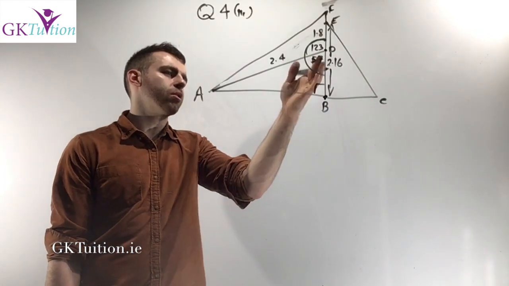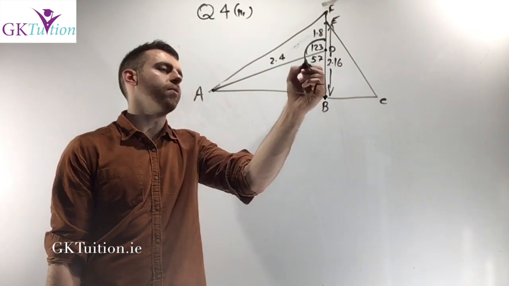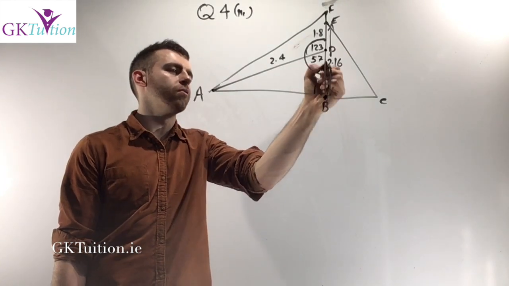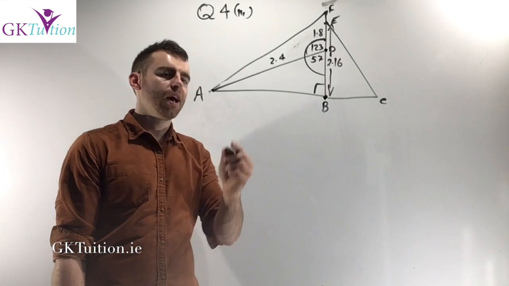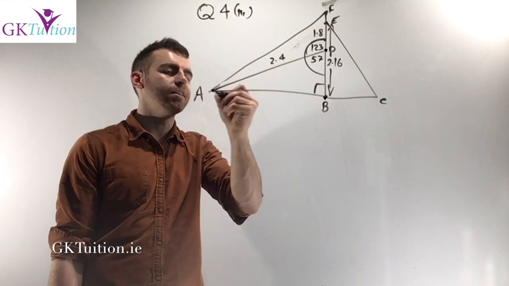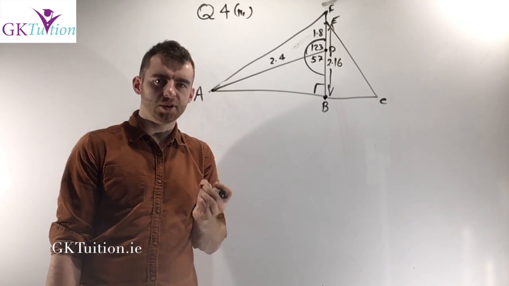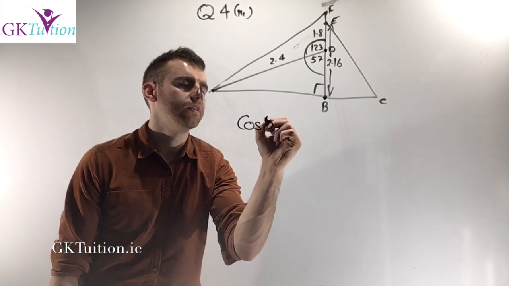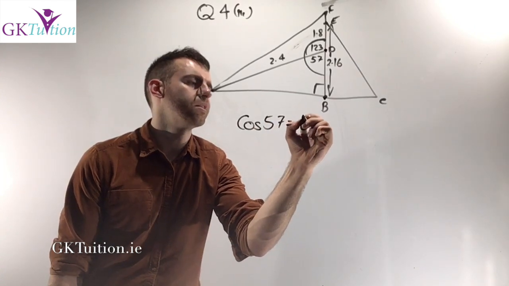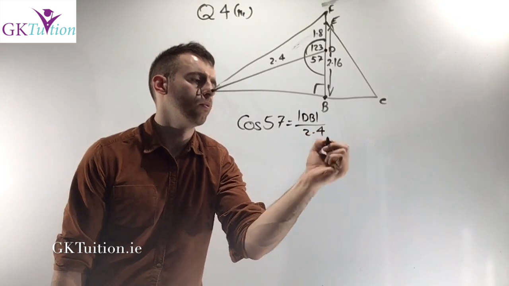So let's just look at the right angle triangle ABD. I have the angle 57, so if I was talking about the side BD, that's the adjacent. And if I'm talking about this side AD, that's the hypotenuse. If you're dealing with the adjacent and the hypotenuse, you're dealing with cosine. I can say that the cosine of 57 is equal to the adjacent, which is DB, over the hypotenuse, which is 2.4.